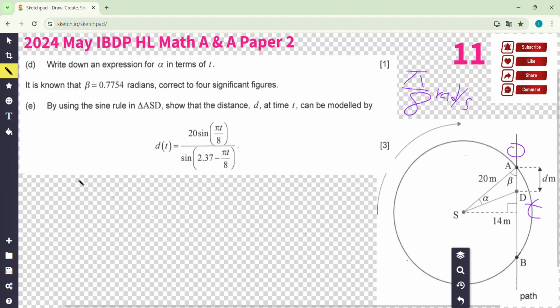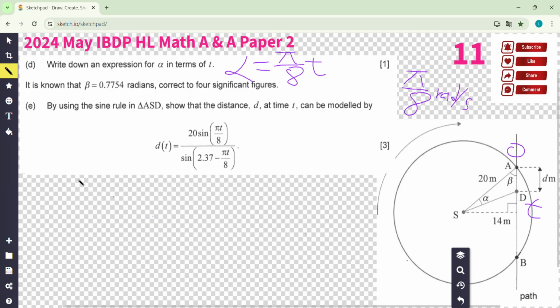So now alpha is the angle. Write down the expression for alpha. What is the angle traveled? The angle traveled should equal the angular speed pi over 8 times time. Very simple. So it's pi t over 8.